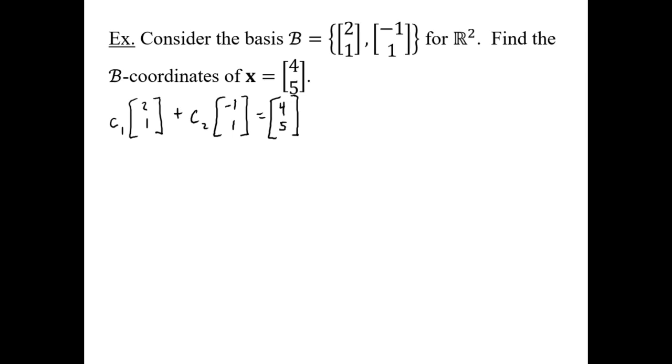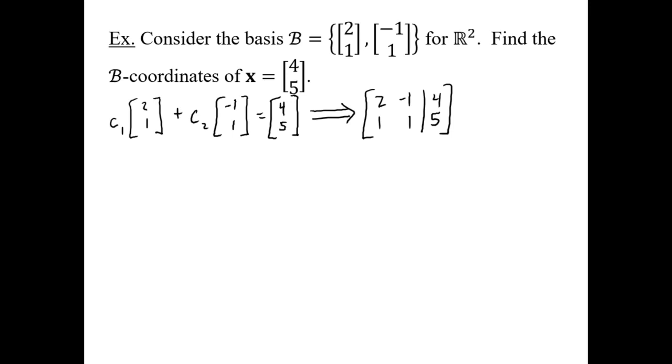But notice that the work we have to do is solving a system of equations. In fact, the augmented matrix would be 2, negative 1, 4, 1, 1, 5. It is worth observing that we are guaranteed that this will have a unique solution.